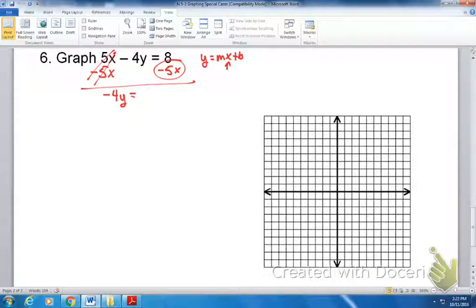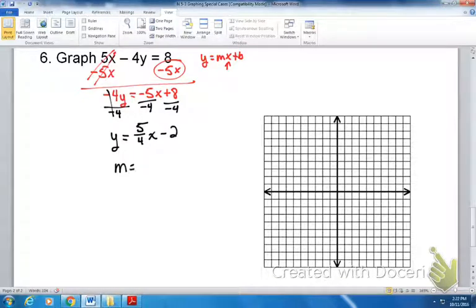So I'm going to write my -5x first, and then plus 8. But we're not finished because y isn't by itself. I have to divide every term by -4. -4 over -4 cancels out, leaves me y equals. A negative over a negative turns it positive, so 5 over 4x. 8 divided by -4 is -2.